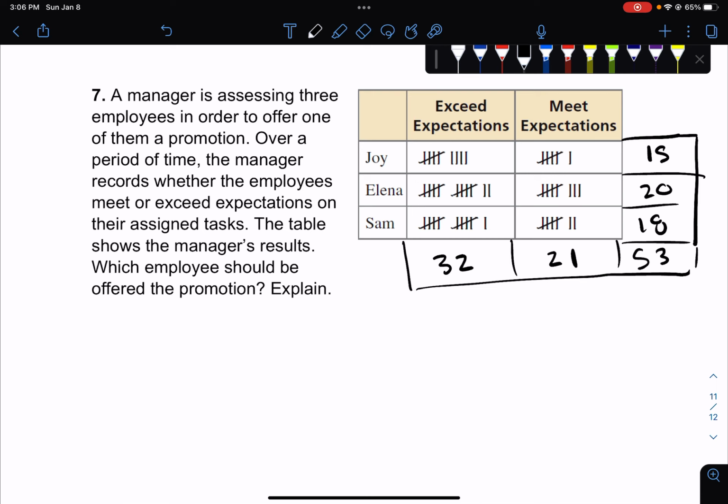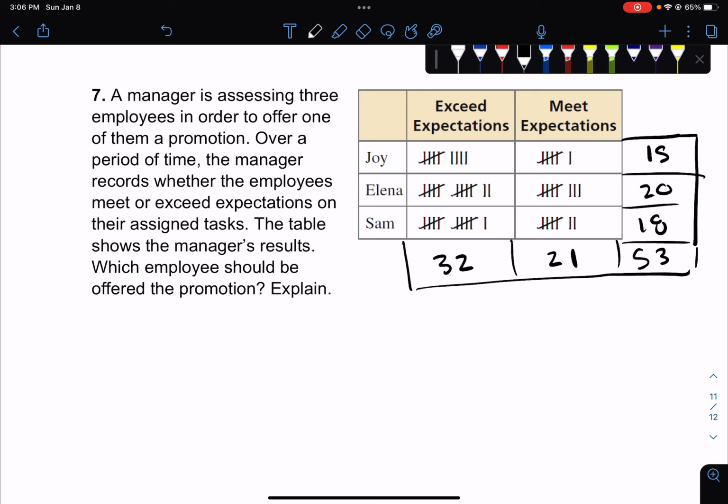All right, so it wants us to decide which employee should get the promotion. Looking at this table, Elena has the most exceeding expectations, but she also had the most total reviews, right?